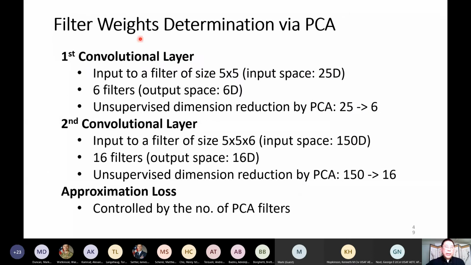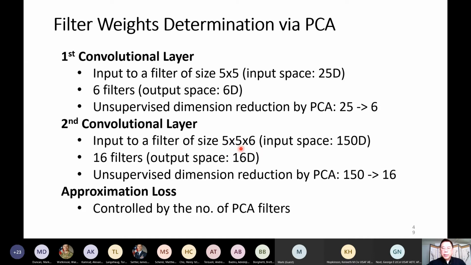Actually, the way we look at it is that we are able to consider principal component analysis. Principal component analysis preserves the most energy of the original signal in a low-dimensional space. So the first convolution layer has a filter of 5 by 5, so 25 dimensions, and the output is 6. We can do unsupervised dimension reduction by principal components, from 25 to 6. And then for the second convolution layer, the input is 5 by 5 by 6.